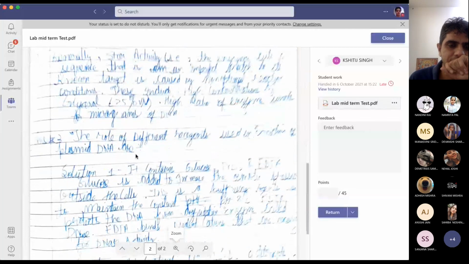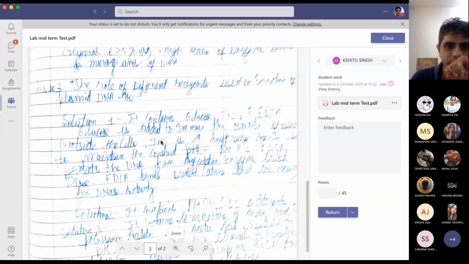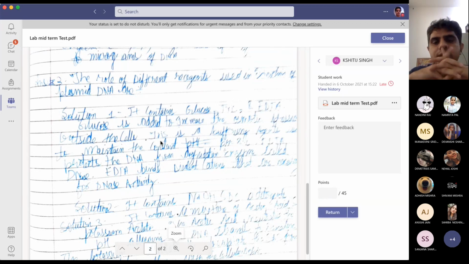Okay, so next, the role of different reagents. Read this one: the extraction of plasmid DNA. Yes sir, it had 3 solutions. Read only what you have written. Yes sir. It contains glucose, Tris, and EDTA. Glucose is added to increase the osmotic pressure outside the cell. Tris is a buffering agent used to maintain a constant pH, and EDTA protects the DNA from degradation by the enzyme called DNase.